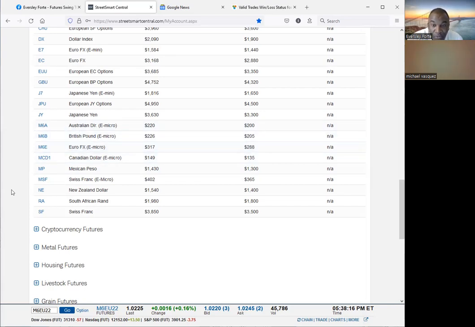So for most of us who don't have a $250,000 to $500,000 account, which is most people, we can now still trade with a much smaller account and be very effective.